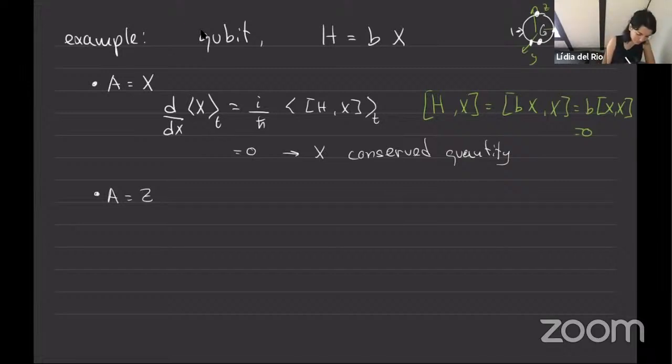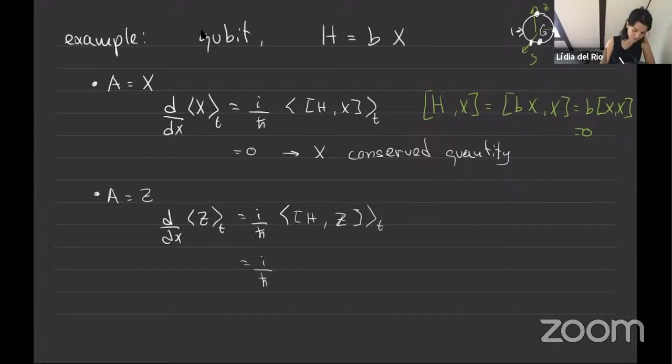So the d/dt of the average of Z at time t is i over ħ times B times the average of the commutator XZ at time t.